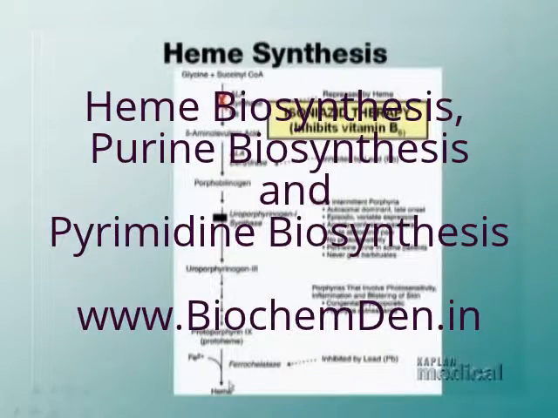The most common one is porphyria cutanea tarda. There's also another porphyria called acute intermittent porphyria. The porphyrias themselves are not very common, but these are the two most important ones to remember. Porphyria cutanea tarda, the most common, and then acute intermittent porphyria.